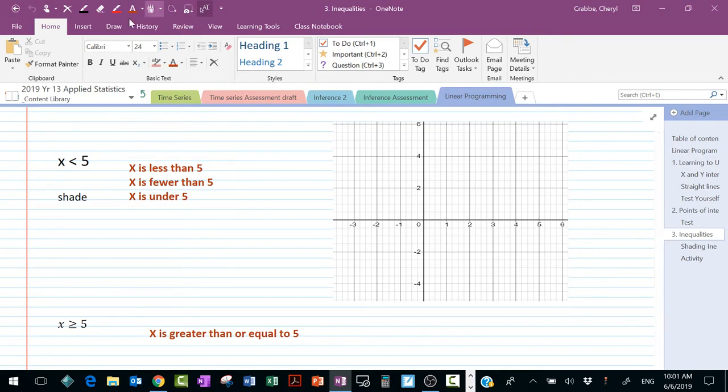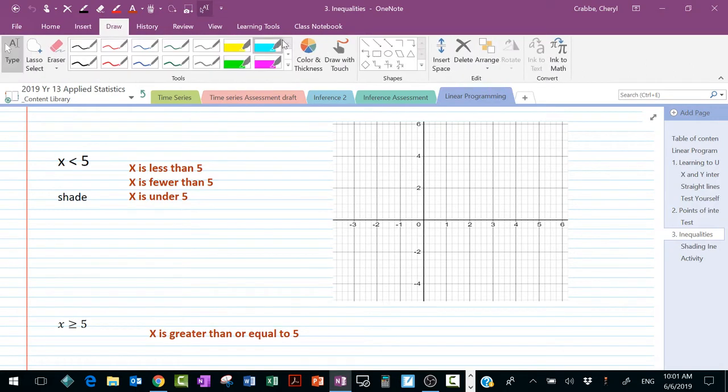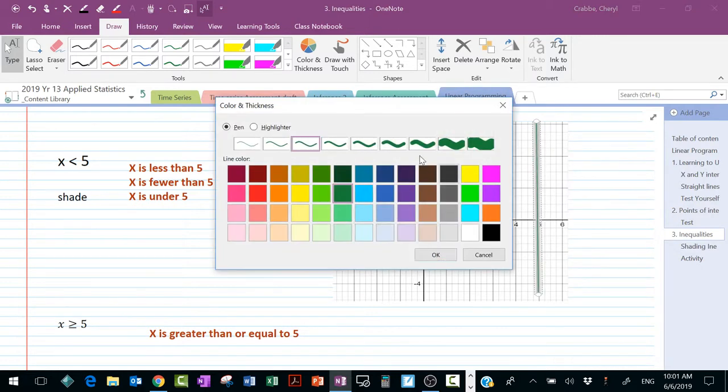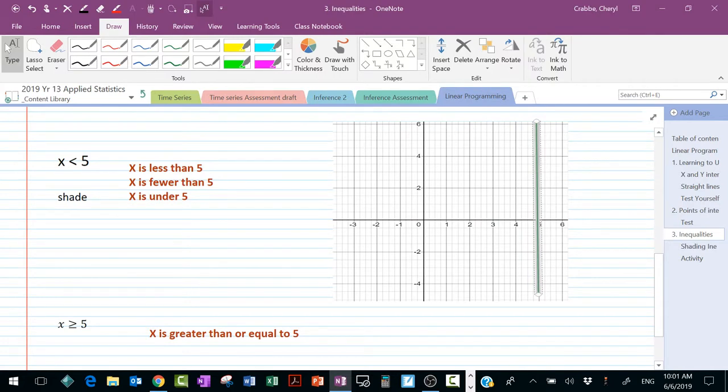x is under 5. And if you want, you can draw a straight line at x is 5, and it really should be a dotted line. I don't know if I can do that. Can I make it a dotted line? I can't really make it a dotted line, so I'll just draw solid for now.